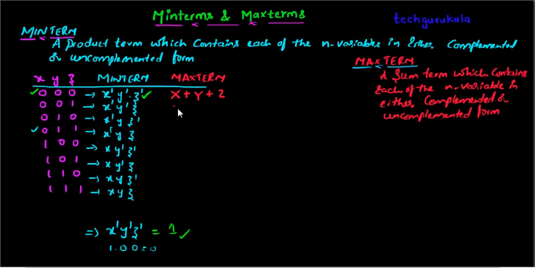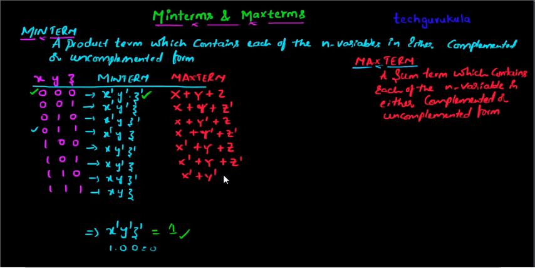In the second case it is X plus Y plus Z bar. The third one, X plus Y bar plus Z. Fourth, X plus Y bar plus Z bar, then X bar plus Y plus Z, X bar plus Y plus Z bar, X bar plus Y bar plus Z, and X bar plus Y bar plus Z bar.